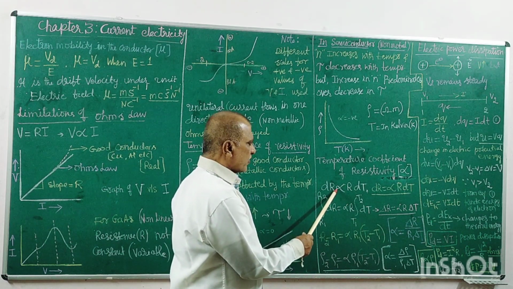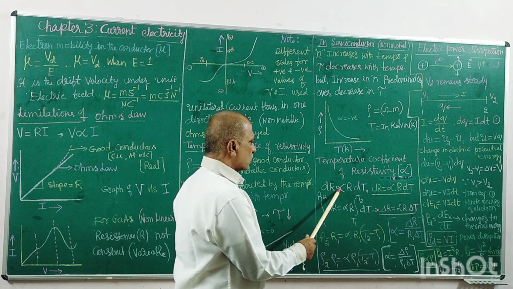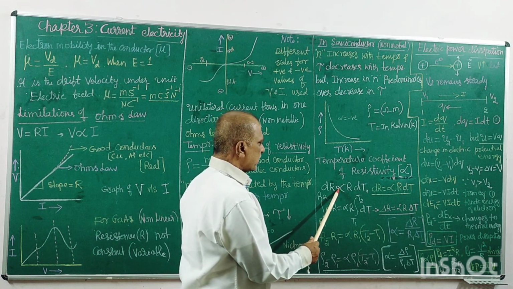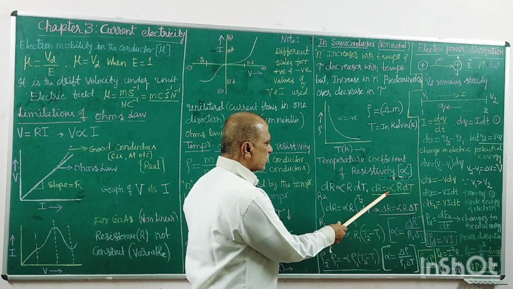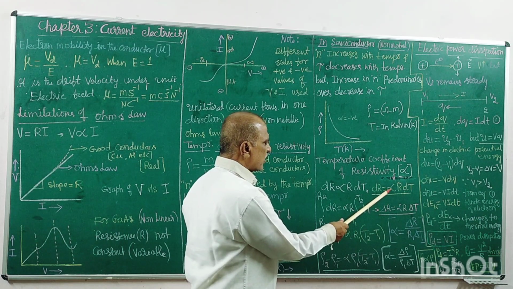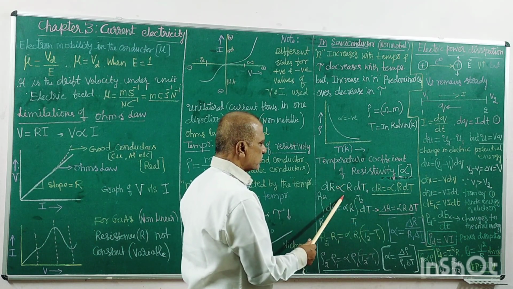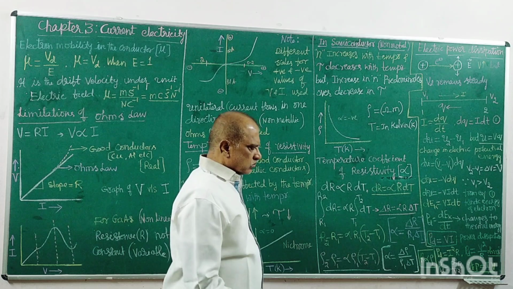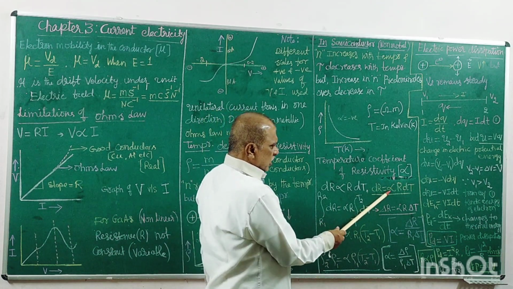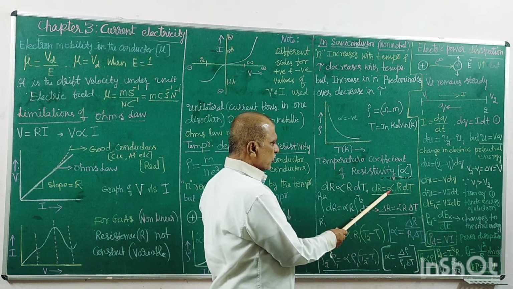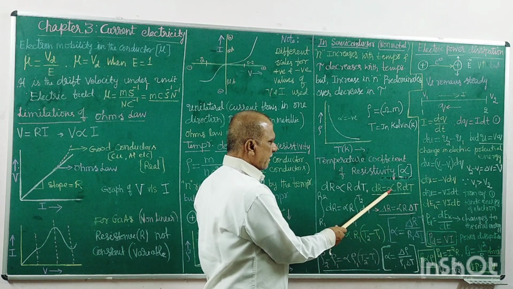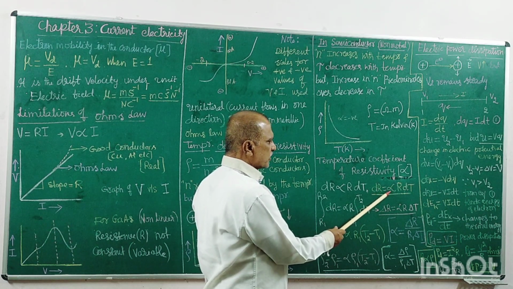That is the differential form. When you remove the proportionality sign, it equals a constant. Look at this: this constant is alpha. This is the proportionality sign. This constant is called the temperature coefficient of resistivity. So this is the differential equation.